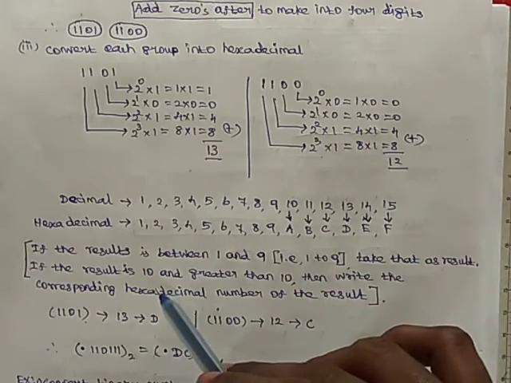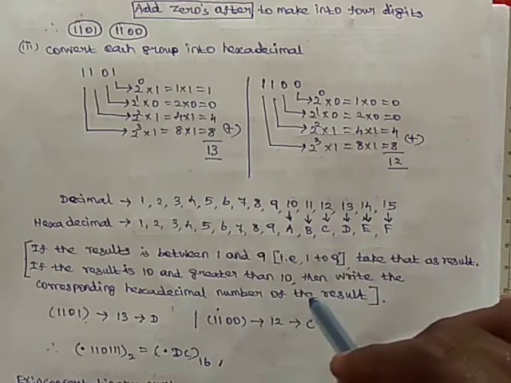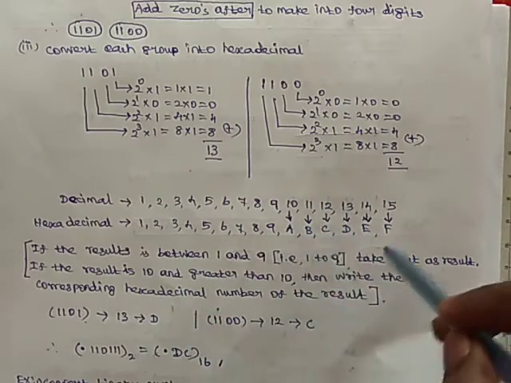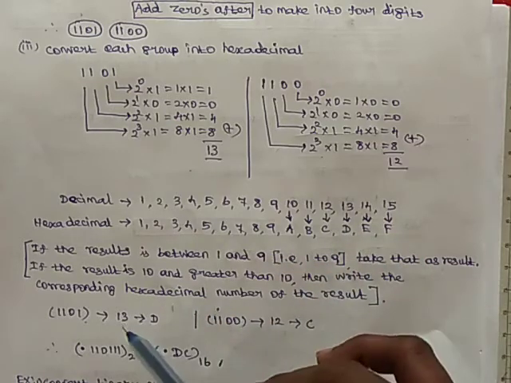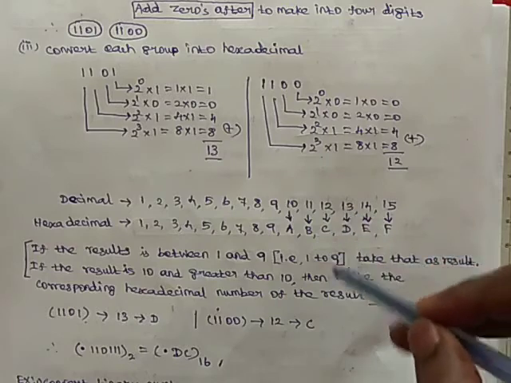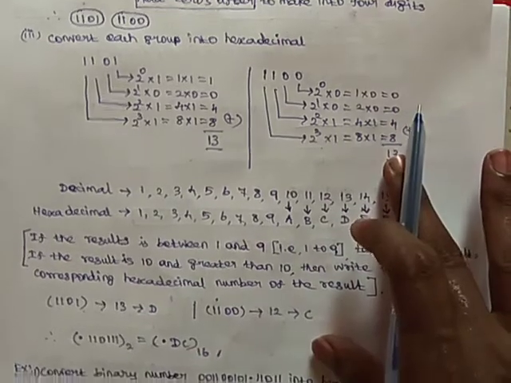If the result is 10 or greater, write the corresponding hexadecimal digit. So for 13 the hexadecimal is D, and for 12 it is C. So 0.110111 base 2 is equal to 0.DC base 16.